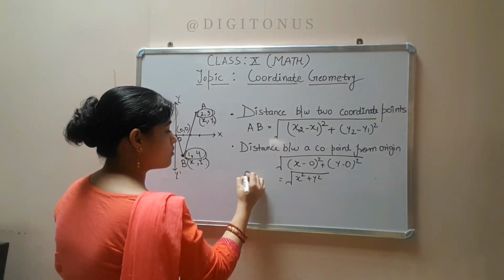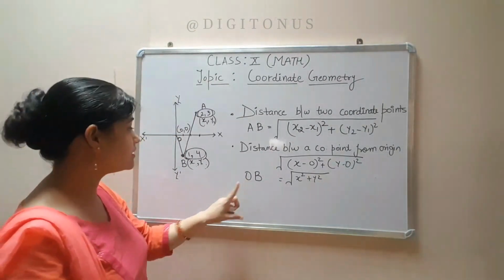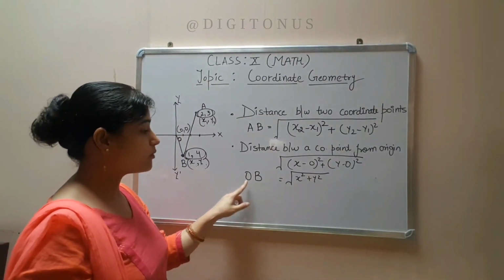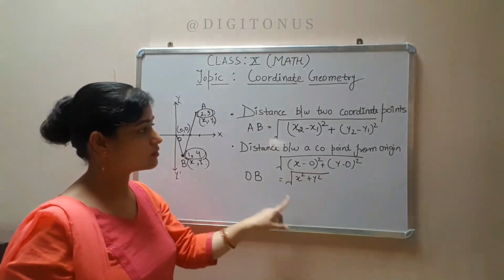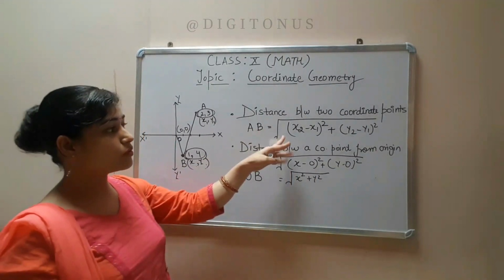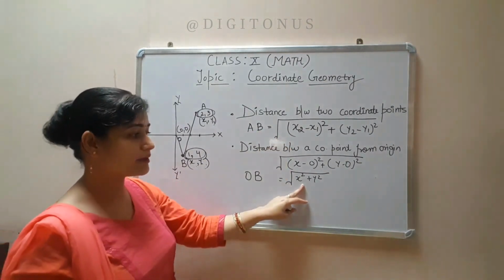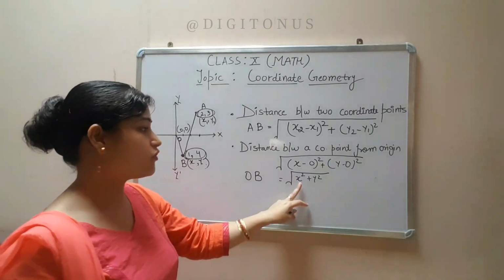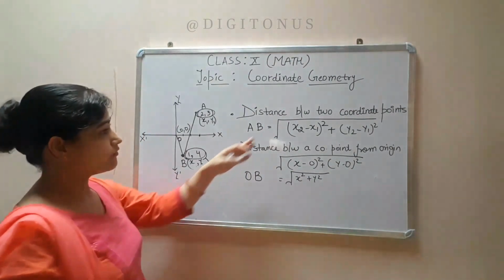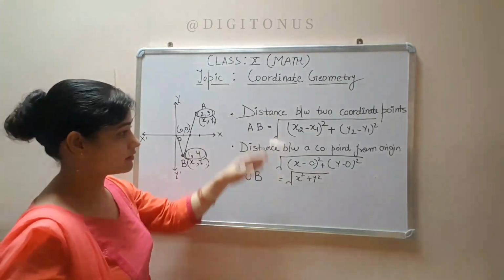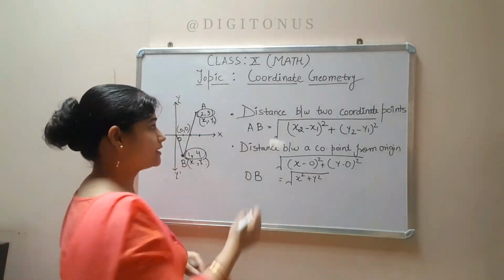So what will be the formula of OB, meaning the distance of point B from the origin? The formula will be the square root of x square plus y square. This means you do not need to apply the big formula. You can directly apply the simple and short formula, the square root of x square plus y square. If you want, you can apply the big one also, but I am telling you the logic behind it. The short formula you can apply directly.